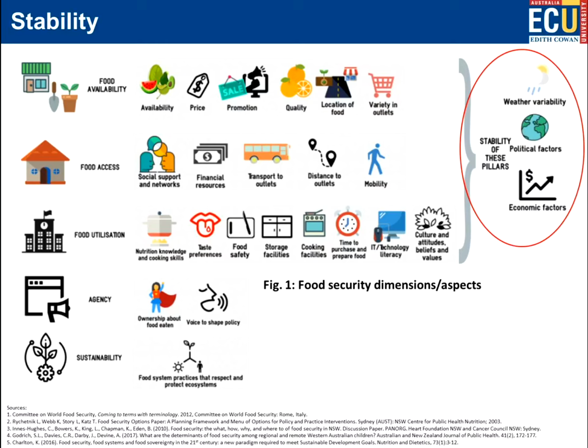This means that food freight cannot get into towns and communities as regularly as it needs to. Then we have political factors, such as policy or trade issues between different countries that could impact these aspects. And then we have economic factors, such as fluctuations in the economy, which impact the price of food.